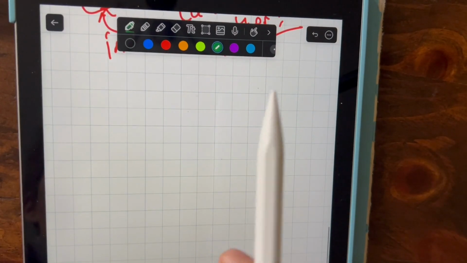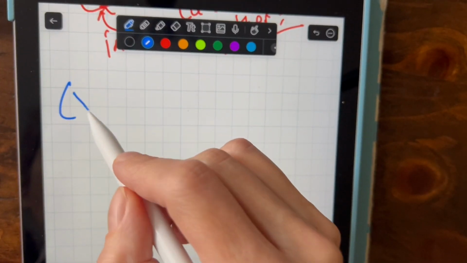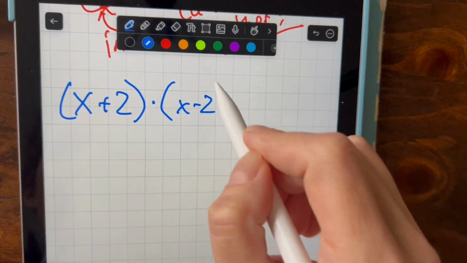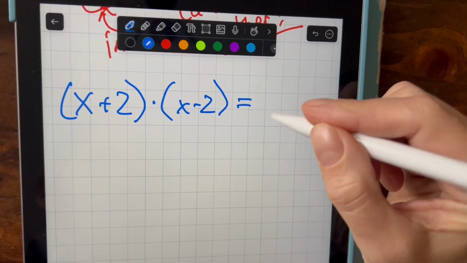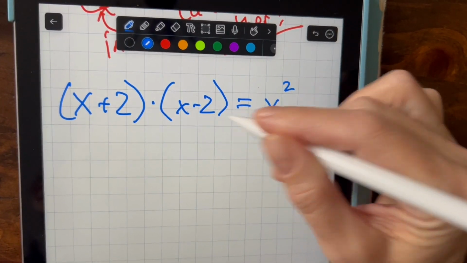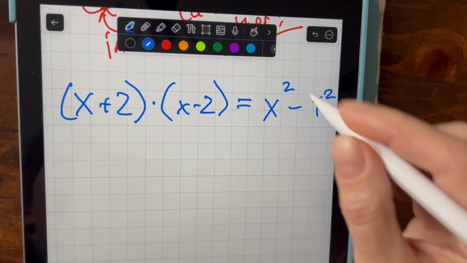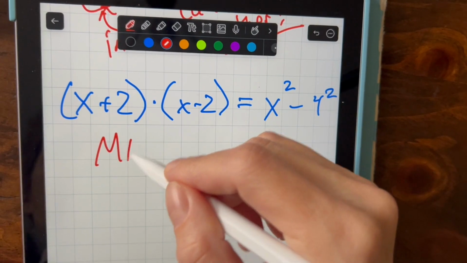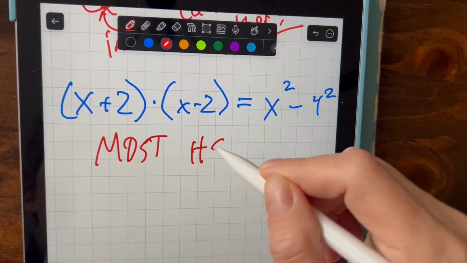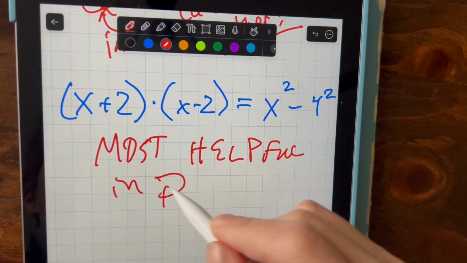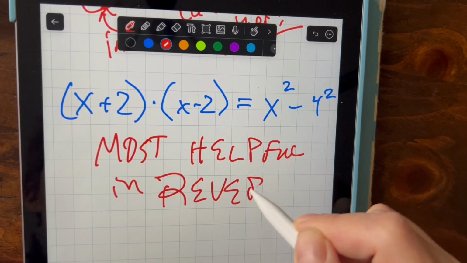So for example, x plus 2 times x minus 2, we just know the form: x squared minus 2 squared. This is most helpful in reverse.